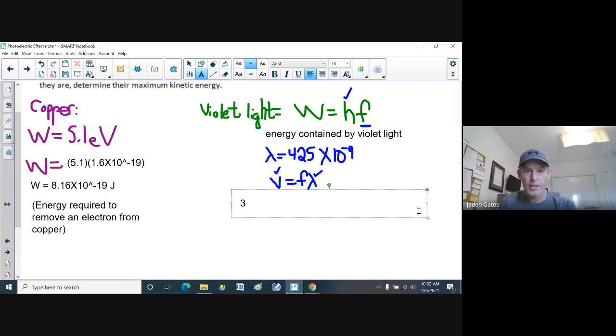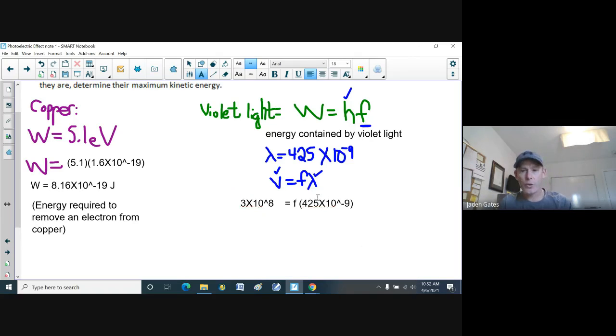All right, so I can find the frequency. So again, to find the frequency, I got 3 times 10 to the power of 8. There is the speed of our violet light. The frequency I'm trying to figure out here. The wavelength is 425 times 10 to the power of -9, nanometers. Got to convert it to meters here.